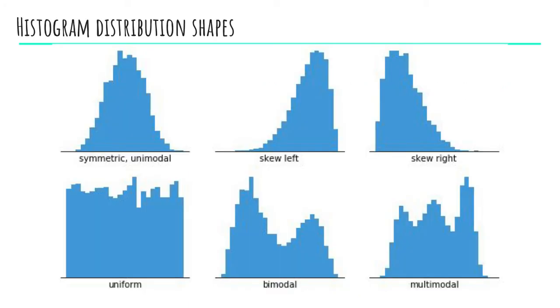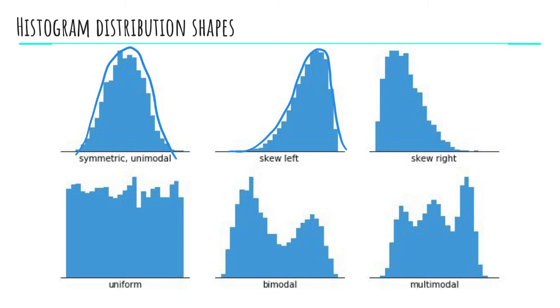There are a few things that we can observe from histograms. One of those things is histogram distribution shapes. So if you see a hump that looks pretty centered, this would be called a symmetrical shape. If you see a tail with a hump near the right end, then we can say that the distribution is skewed left.